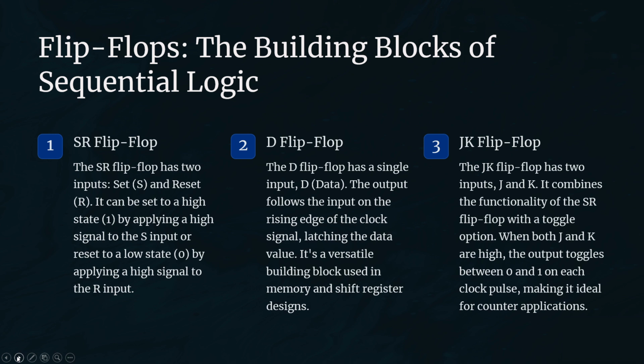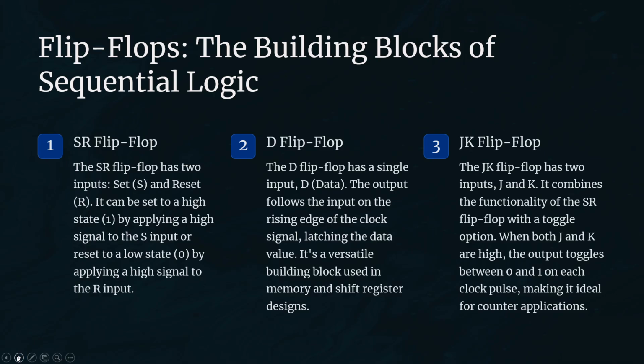The D flip-flop has a single input. The output follows the input on the rising edge of the clock signal, latching the data value. It's a versatile building block used in memory and shift register designs.